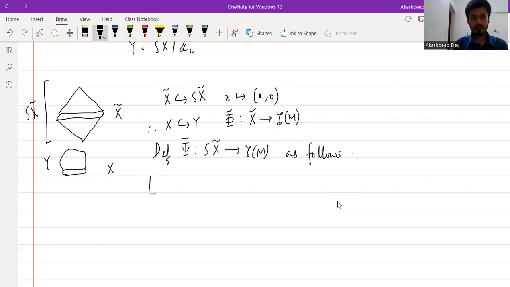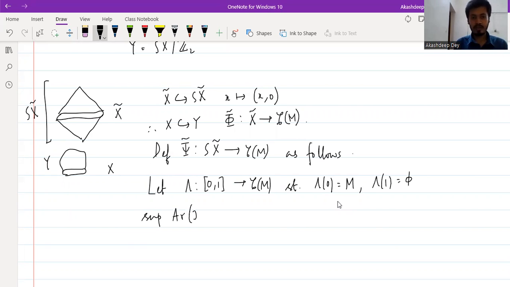Let lambda from [0, 1] to Cm be such that lambda at 0 is M, lambda at 1 is the empty set, and sup of area of boundary lambda t, t in [0, 1], is approximately equal to W.